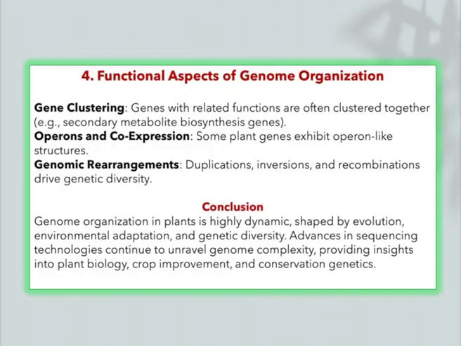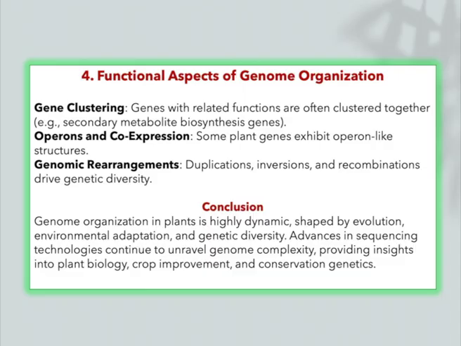Then operons and co-expression: some plant genes exhibit operon-like structures. Most prokaryotic organisms like bacteria, Escherichia coli, show different operons, the lac operon and tryptophan operon. We are going to discuss this in the next slide.